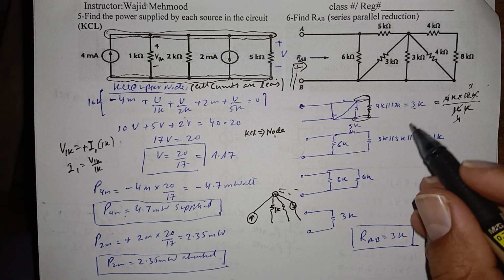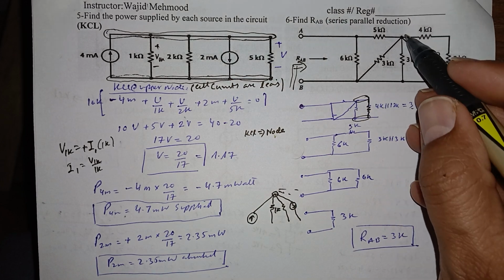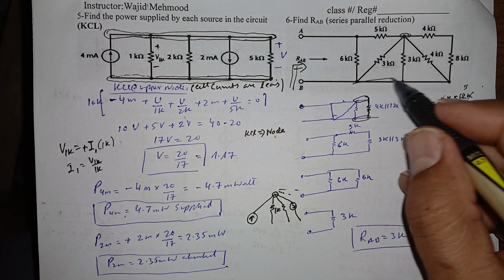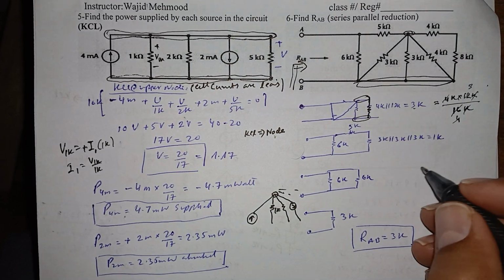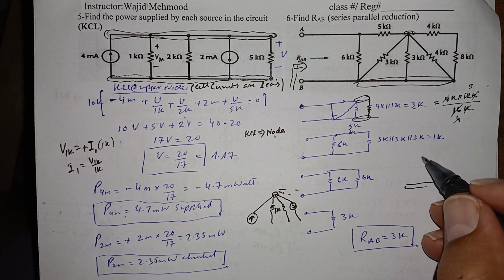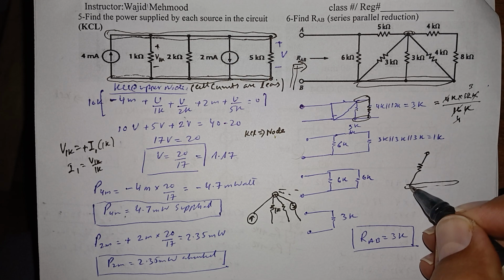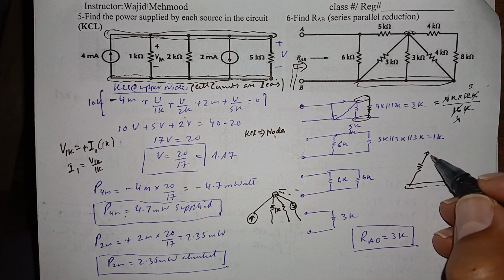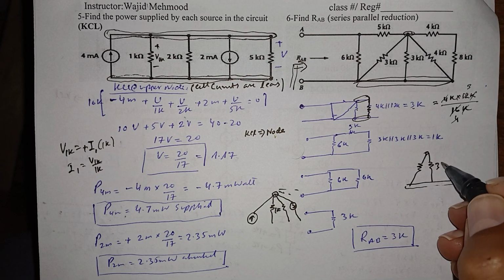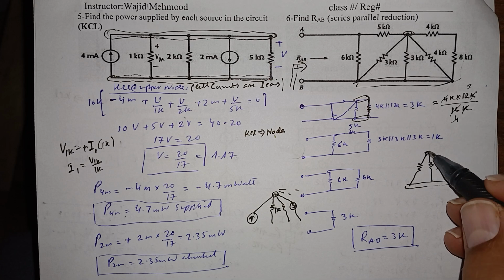Okay, this is in fact like this 3K, so this node and this lower node, upper node is 3K. I'll just write this one 3K, this 3K over here, and the reduced of this one, this 3K here.